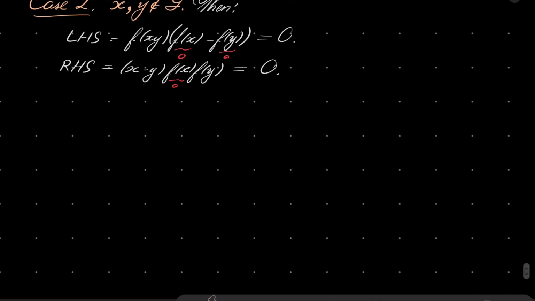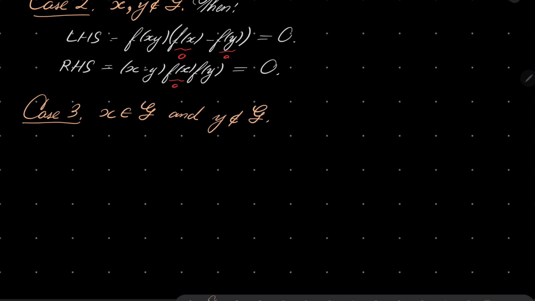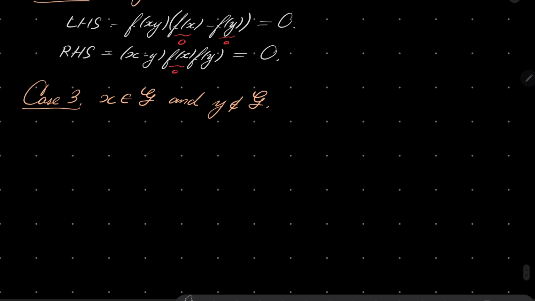And finally, the mixed case, case number 3. For example, x is in our group G, but y isn't. Well, notice that then, first of all, xy cannot be in our group. Let's prove it real quick.